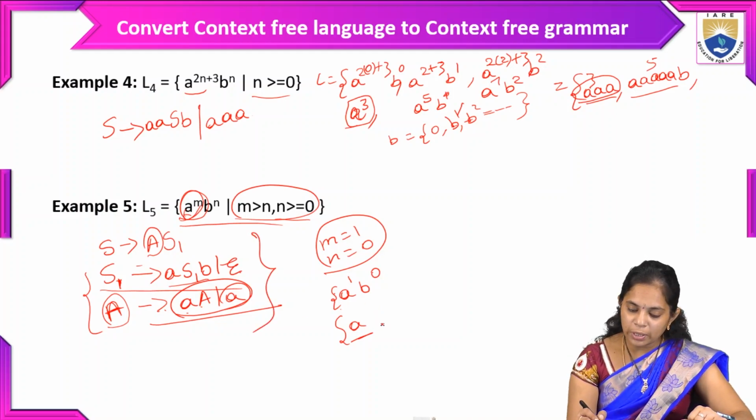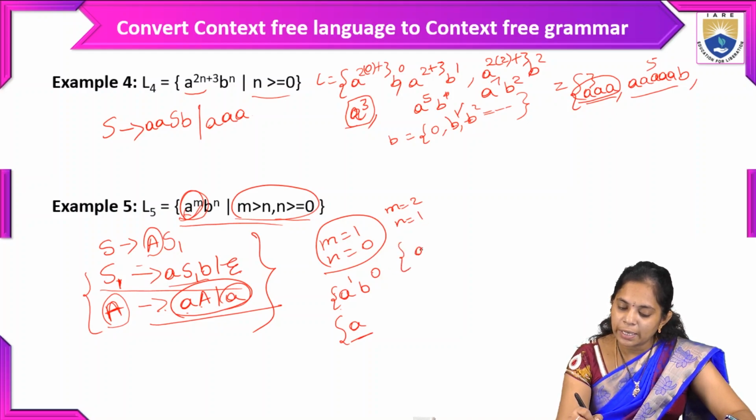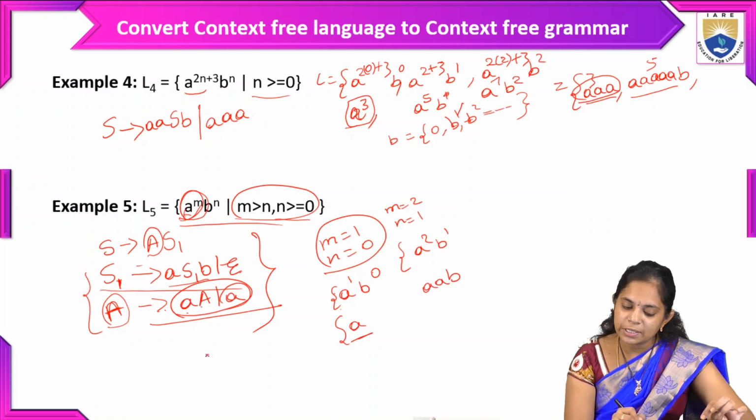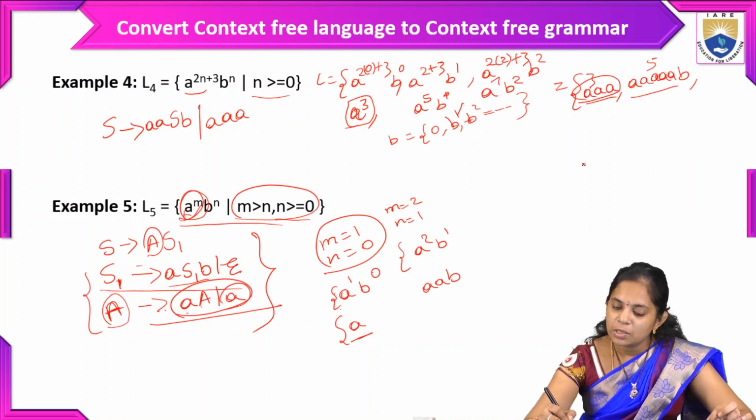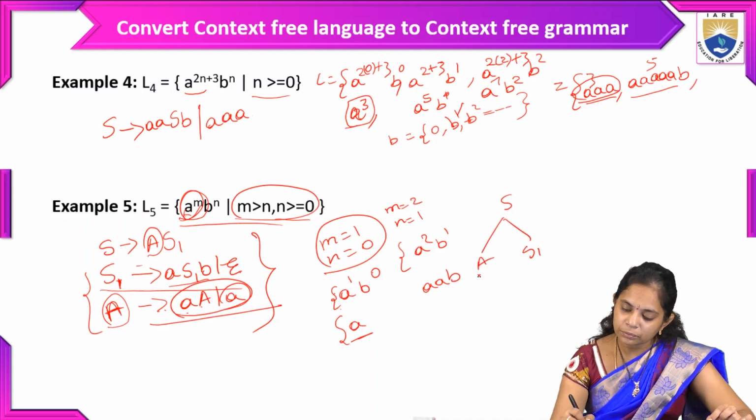And if you observe S, if you take one value, m is equal to 2 and n is equal to 1. So what is the grammar? A power 2 and B power 1, so AAB. Let's check for this string. S tends to A S1, capital A, S1.